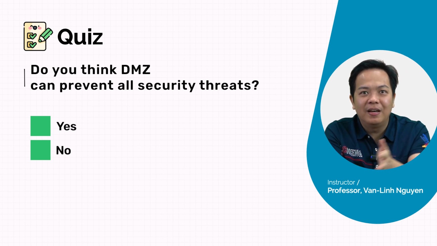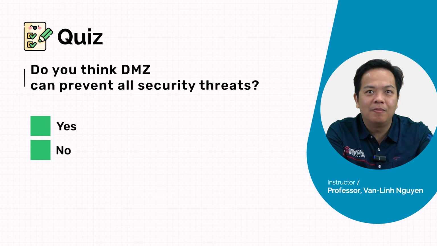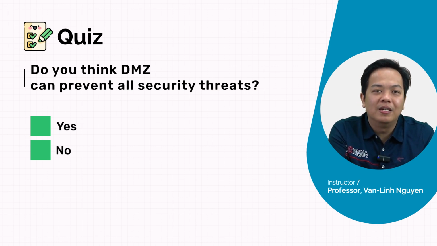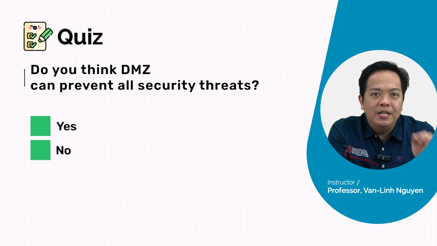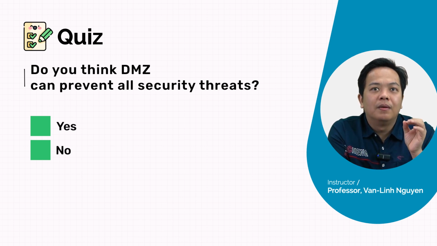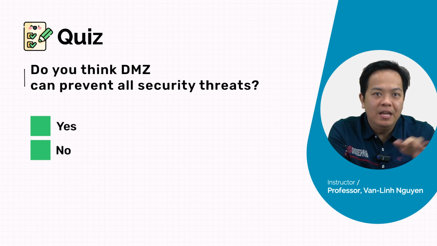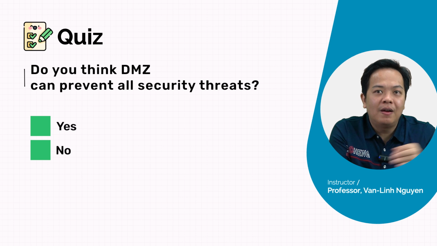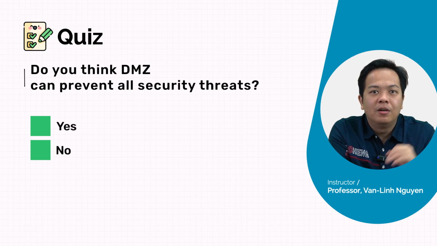You can deploy a DMS to protect your enterprise, but sometimes you still see incidents in the news, like the FBI finding that several bad actors got into a Microsoft system. So the key point is that the DMS is very good, but it's not perfect. No all-in-one system can prevent every security threat. You still need skill to manage the system. So the answer is no.